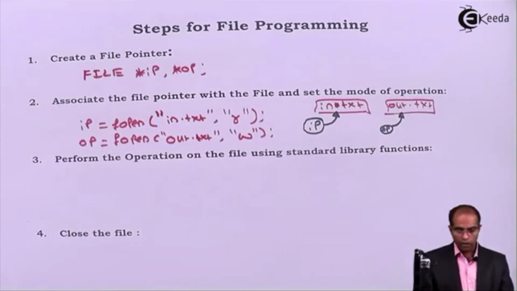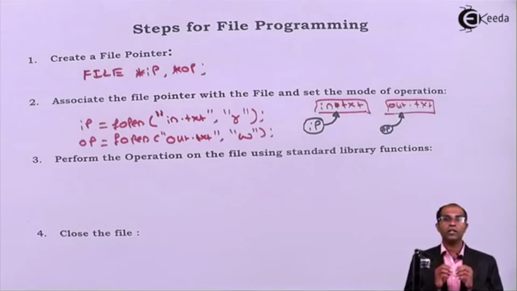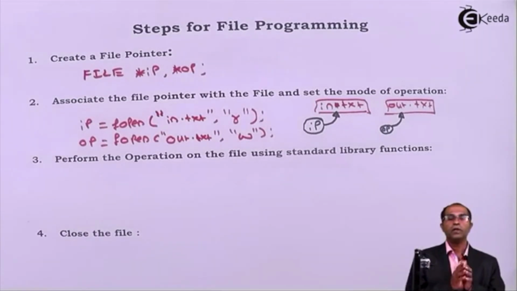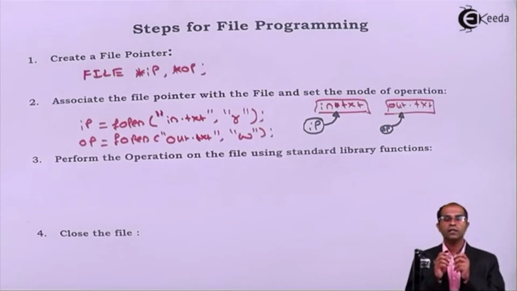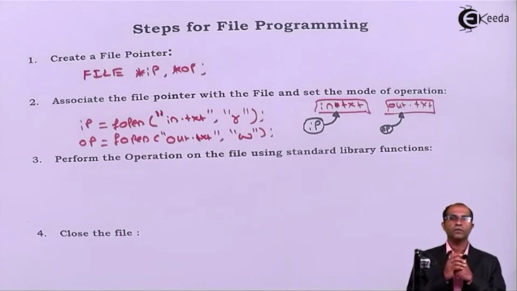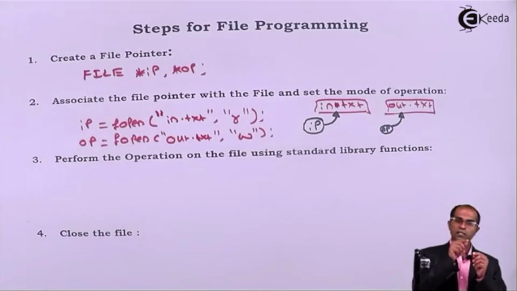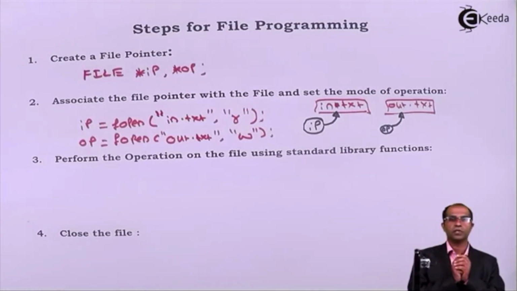Now you might say that this out.txt may exist already. If a file already exists, what happens in that case? If a file exists, the file will be erased. The contents which exist in that file will all be erased and a new file is created where I'll start overwriting the contents from the first location.